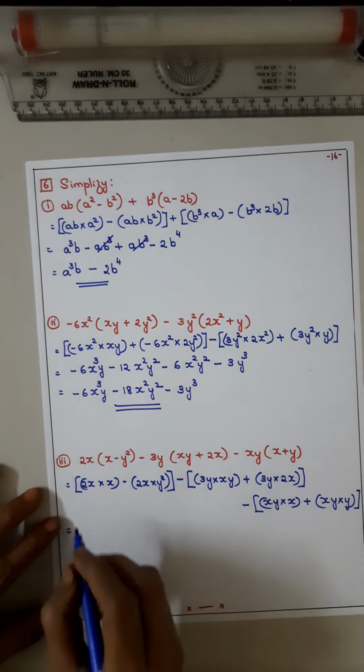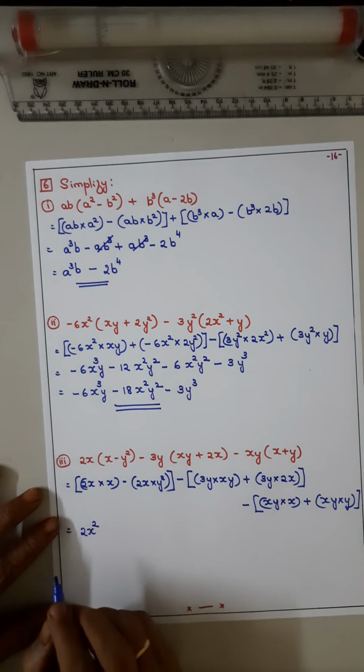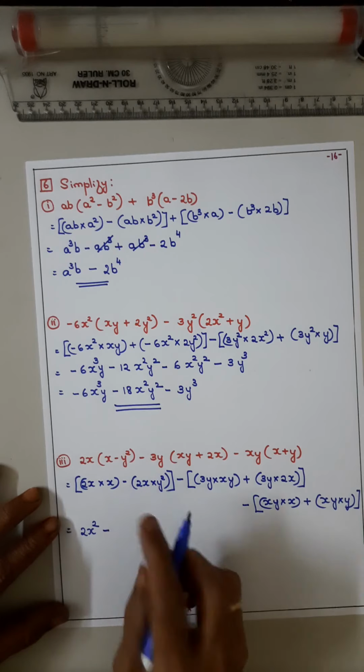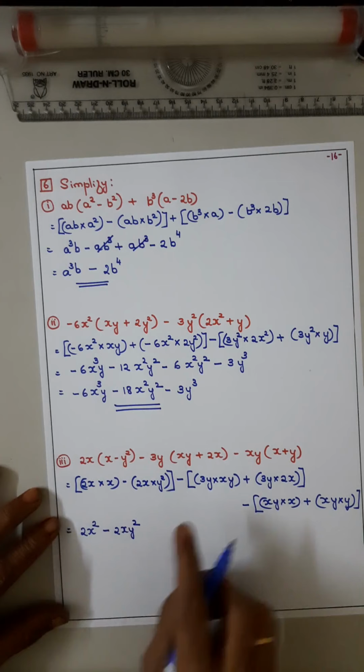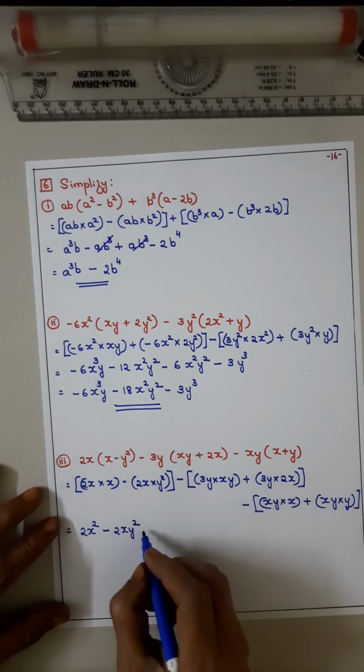Okay. Now this becomes how much? 2x squared, isn't it? 2x into x, x squared. Now this one will become minus 2xy squared.